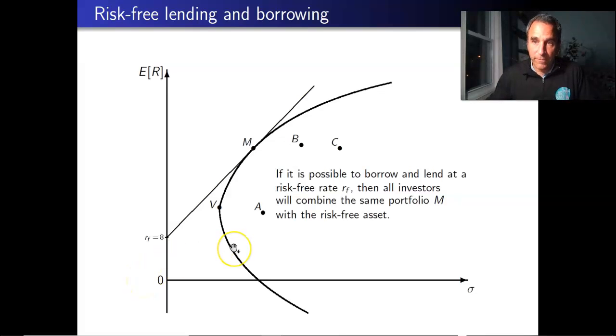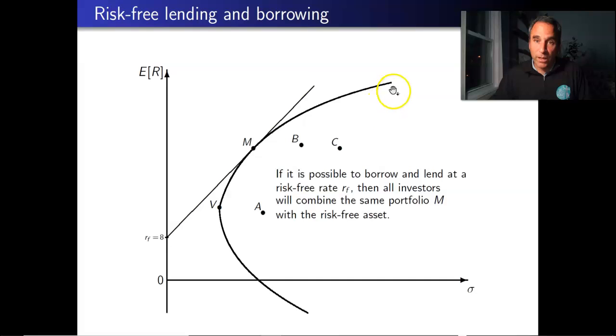Okay, so we have a whole bunch of risky assets we can invest in. The best we can do is to combine them in order to create portfolios that give us the highest possible returns for any level of risk, or the portfolios that always give us the smallest amount of risk for any target return.